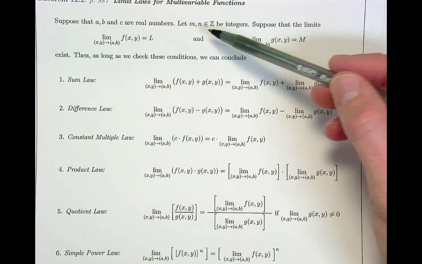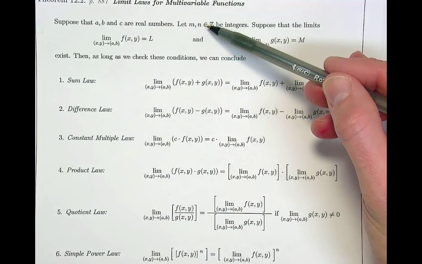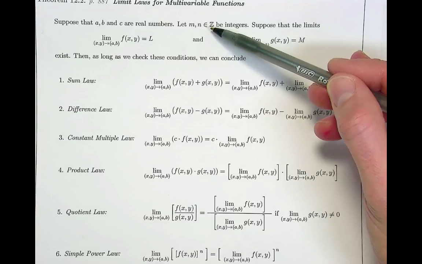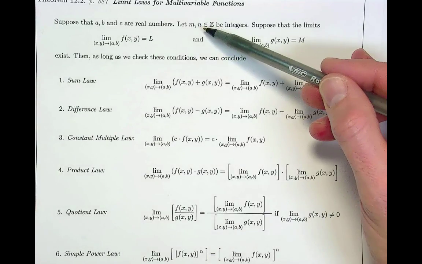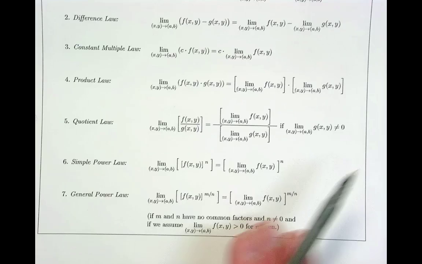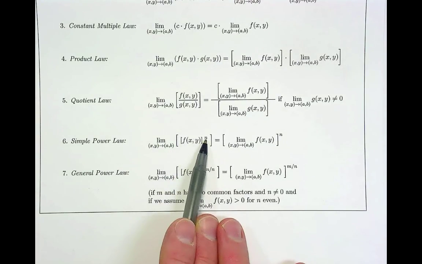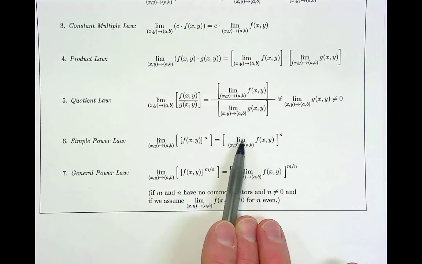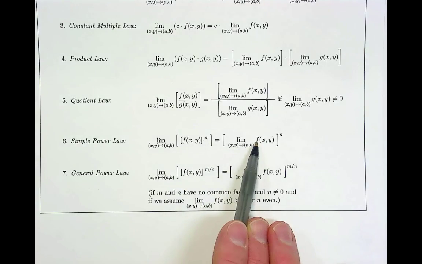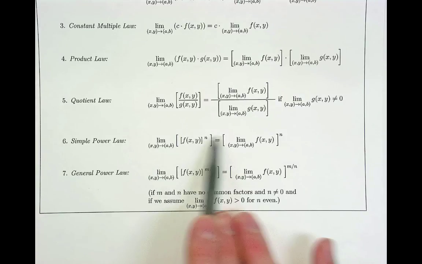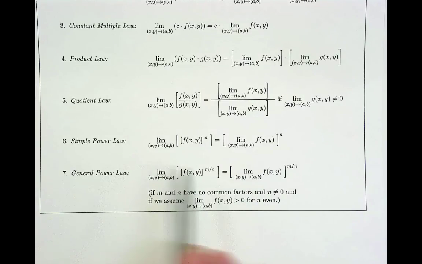And then this is where we get into the assumption that m and n are integers. So you can think about this as positive 1, positive 2, positive 3, 0, negative 1, negative 2, negative 3, et cetera. If I take the limit of a function raised to a power, that's equal to the limit of that function raised to a power. So I can bring powers outside limits.